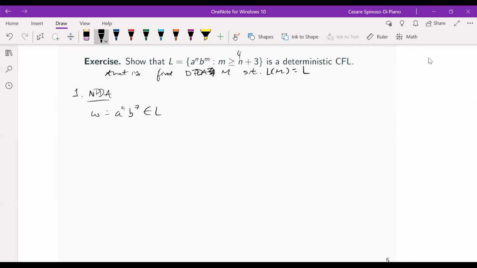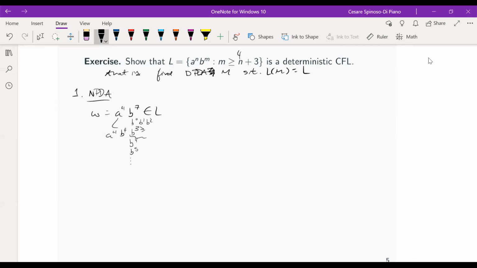One strategy is to notice that this is like a^4 b^4 and then b^3. Actually, it could be anything greater or equal to 3, like b^4, b^5, and so on. The only thing is it can't be b^0, b^1, and b^2, because then m would be strictly less than n plus 3.